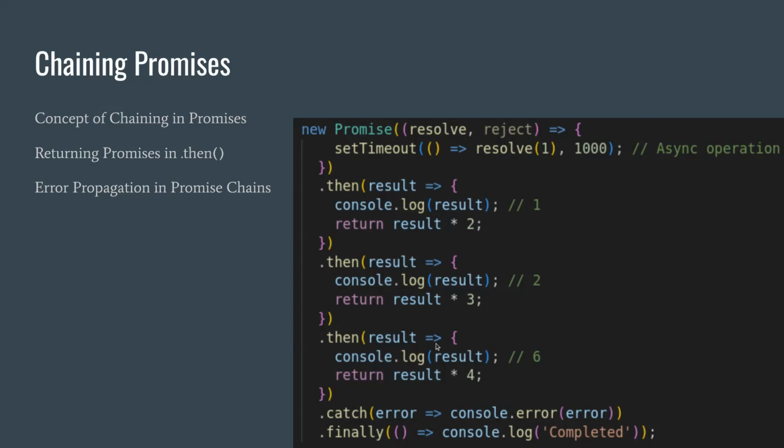And another thing, say if any promise in the chain is rejected, what happens is the control will jump right to the catch block, and it will console error and send a message, and then the finally block will execute at the end saying completed, and this finally block gets executed regardless of the promise's success or failure.